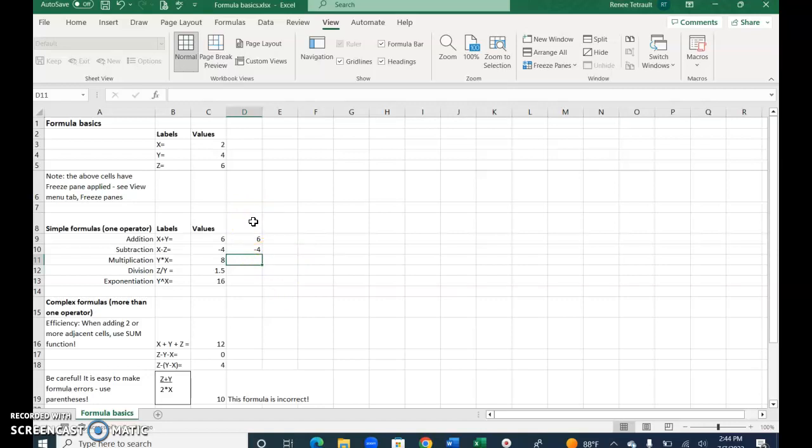So this one, start with equals, and it's Y, which is C4, asterisk, and it's times X, which is C3.